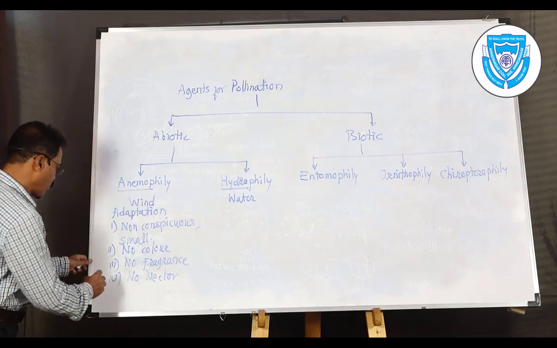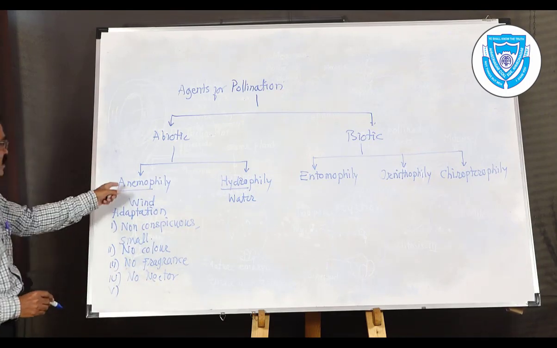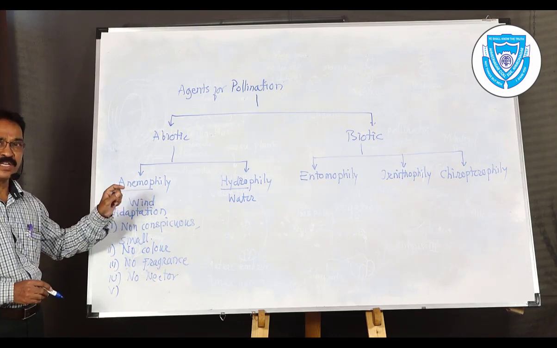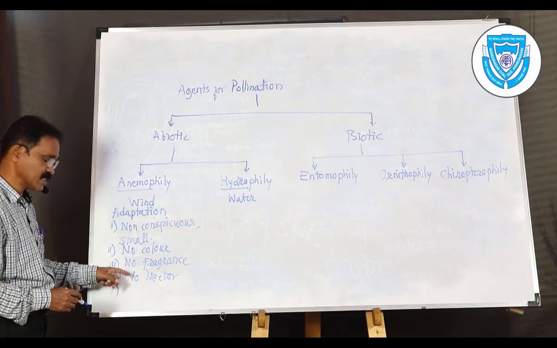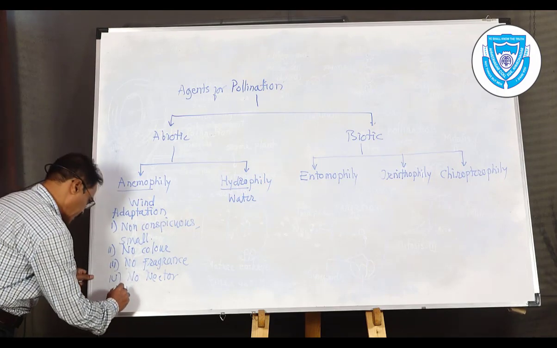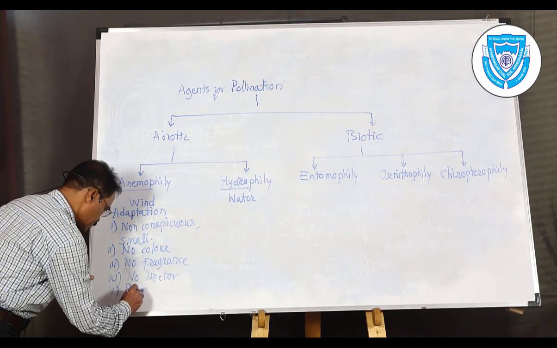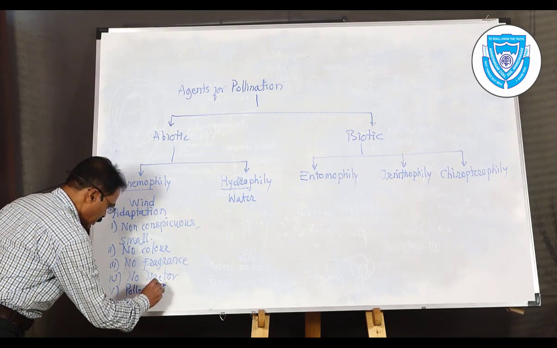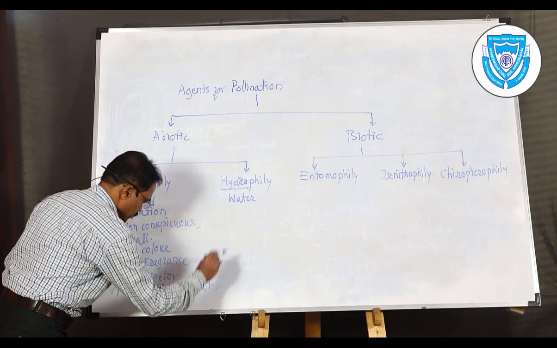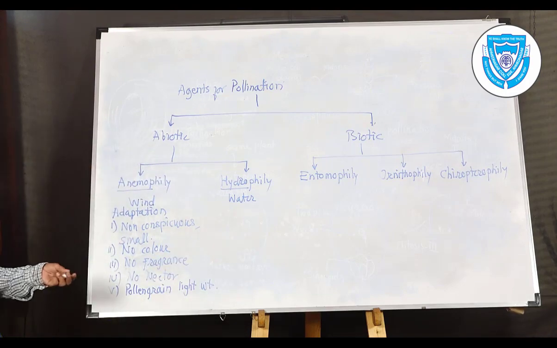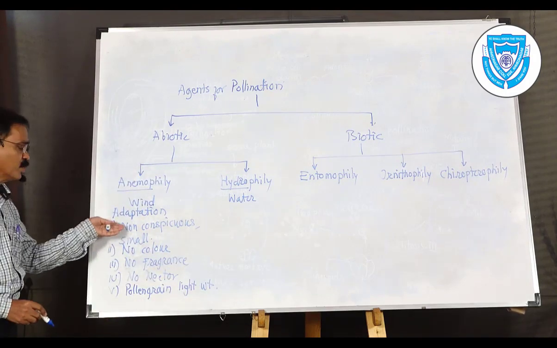But what are the things required for wind pollination, or anemophily? The flowers show such characteristics. In addition, pollen grains are very lightweight, so that they are easily carried with the current of the wind.